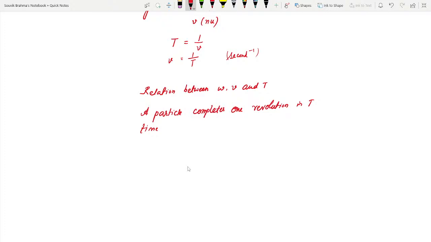Okay, that means what? One revolution means what? What will be the path traveled by the particle in one revolution?